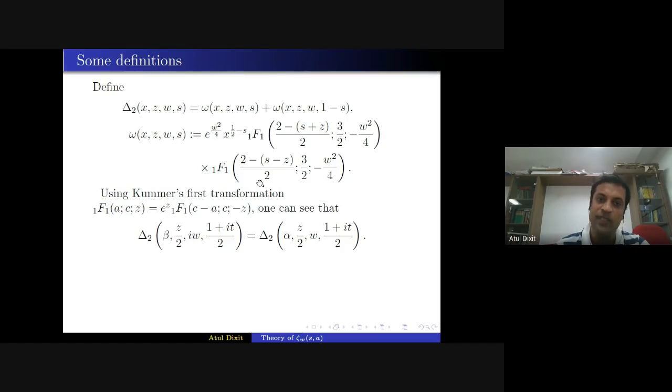Using it, one can see that this delta 2 function is invariant under alpha replaced by beta and W replaced by iW. So this is one crucial fact that we will be using. And when one puts W equal to 0, then this simply reduces to the cosine function because, of course, you see these 1F1s just reduce to 1.